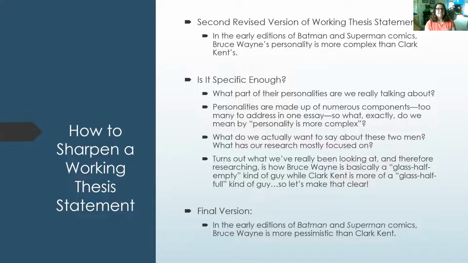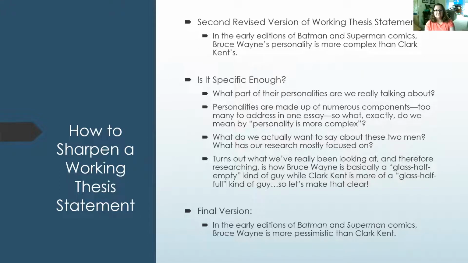So we need to get that into the thesis statement instead of just saying personality is more complex. We need to figure out a way to state this aspect of their personalities. So in the early editions of Batman and Superman comics, Bruce Wayne is more pessimistic than Clark Kent. Wow.